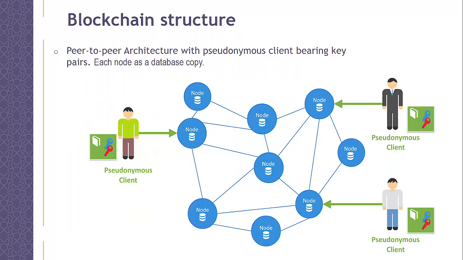And you can see we have participating users, the pseudonymous ones, who have their unique keys, right? They can always initiate a transaction, and other users can validate those transactions, and the blocks keep on growing, and the number of nodes keeps on growing.